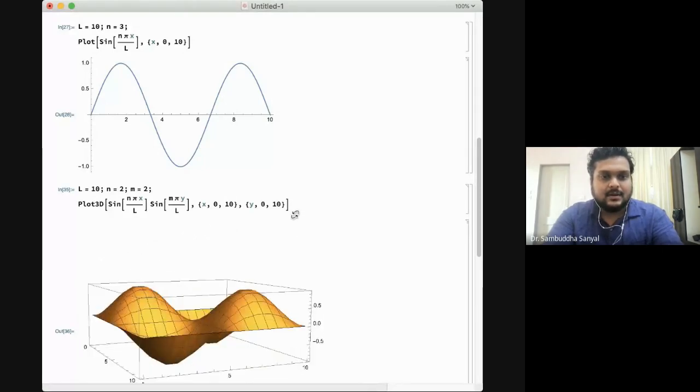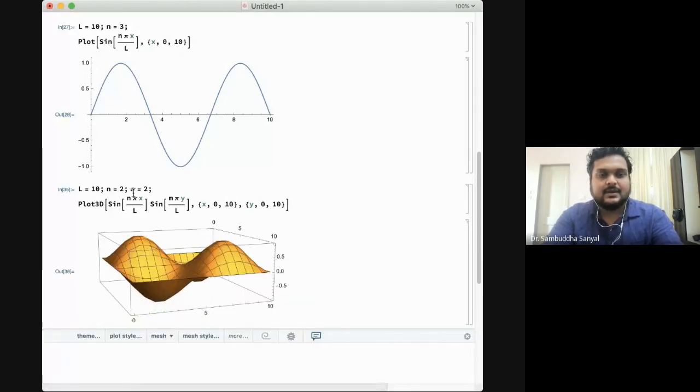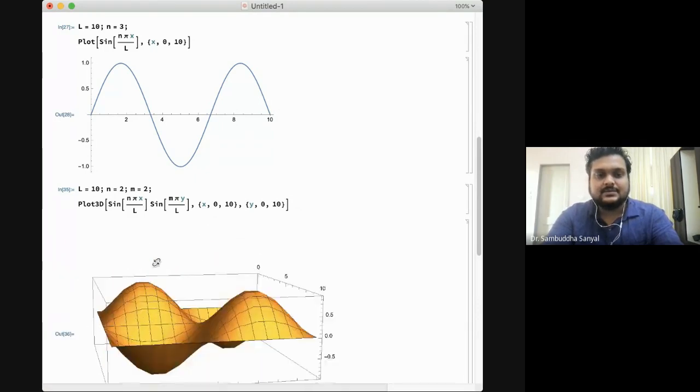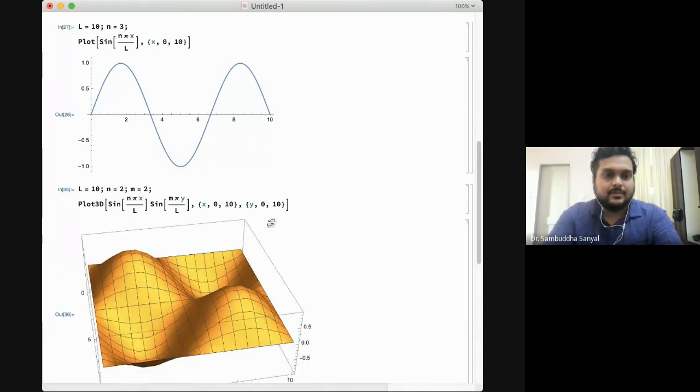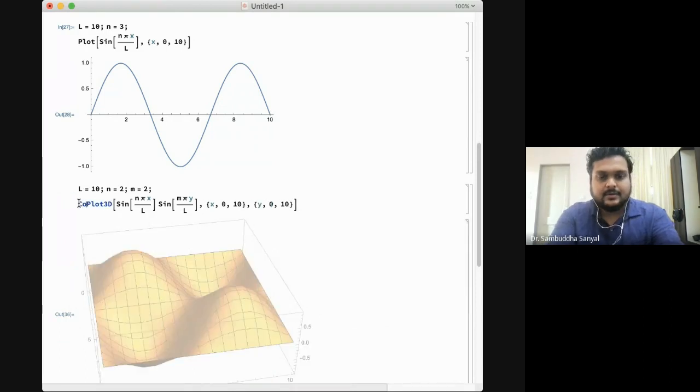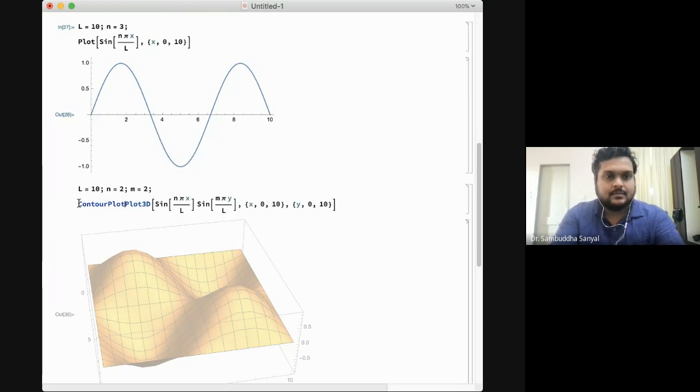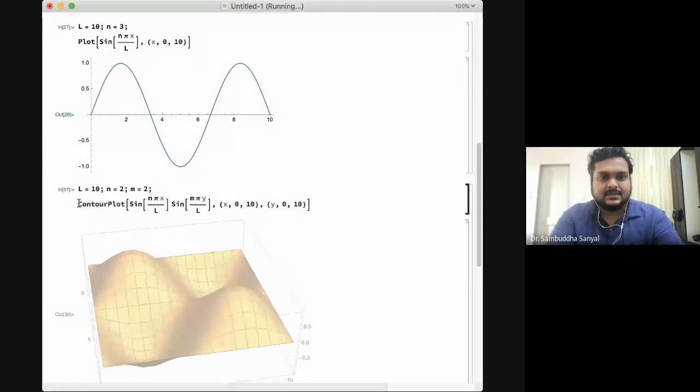Now, if you remember, earlier I talked about how 1,2 and 2,1 are partners. It is best seen if I do a contour plot. So let me do a contour plot. In this contour plot, each peak and crest is represented by a color, instead of showing this 3D projection.